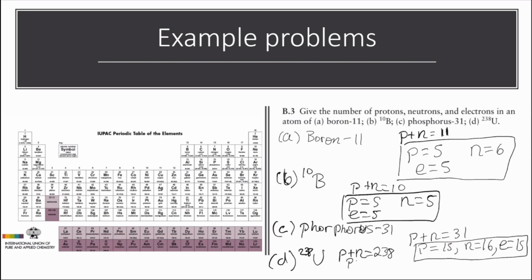So protons is equal to 92, and then if we have 92 plus neutrons equals 238, so the number of neutrons has to be 146, and then electrons is same as protons, so 92. So this is the answer for uranium 238. 92 protons, 92 electrons, and 146 neutrons.